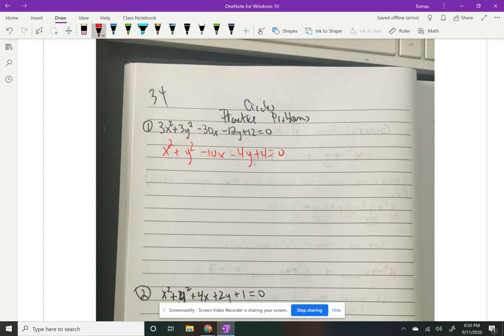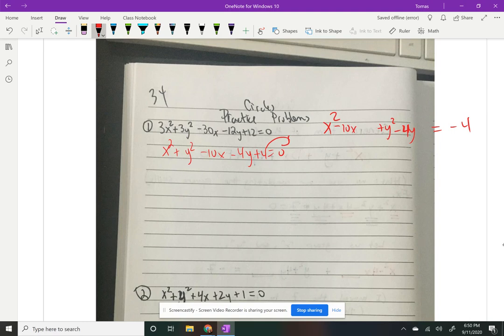Then I group my x's together, my y's together, and then I'm going to move this 4 over, so this becomes a negative 4.